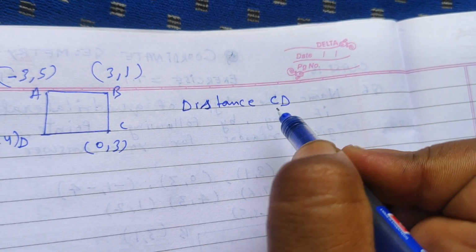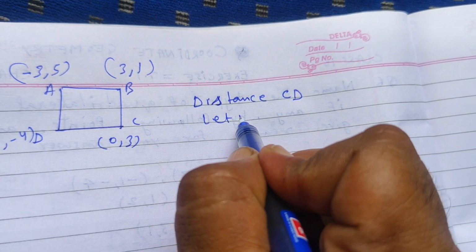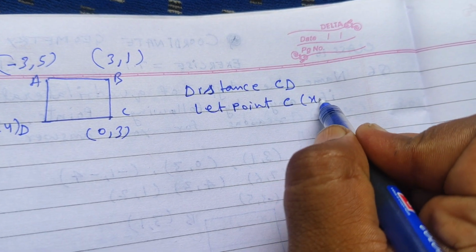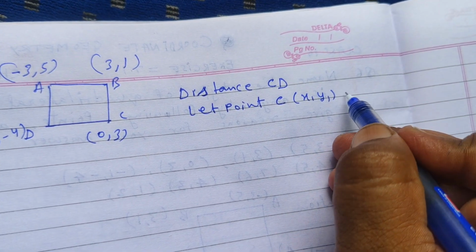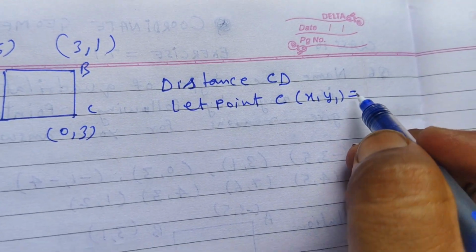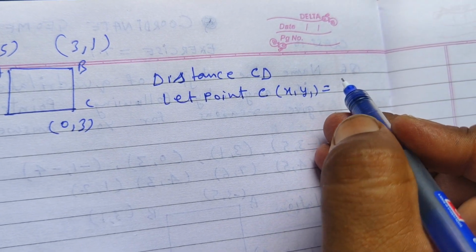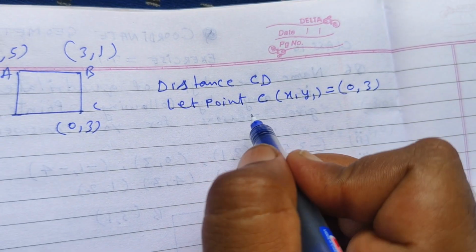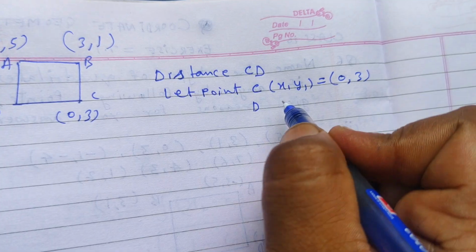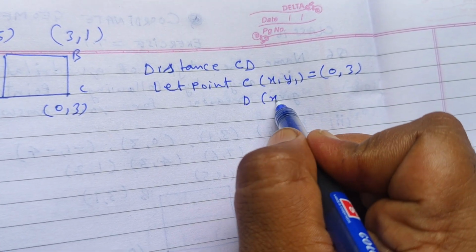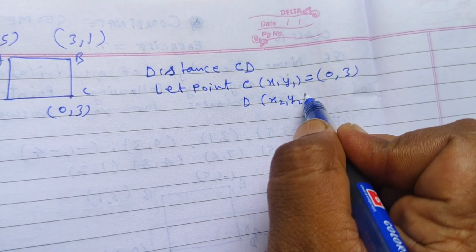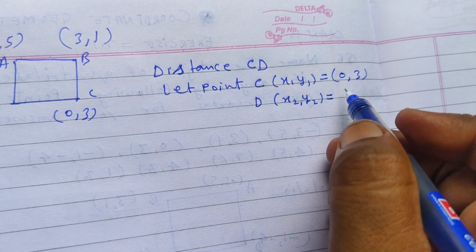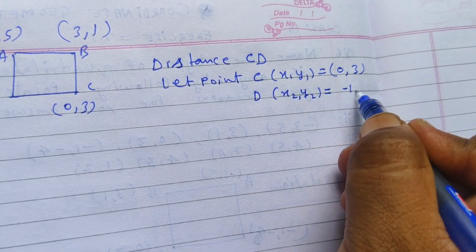Now CD. Let point C (x1, y1) be (0, 3) and point D (x2, y2) be (-1, -4).